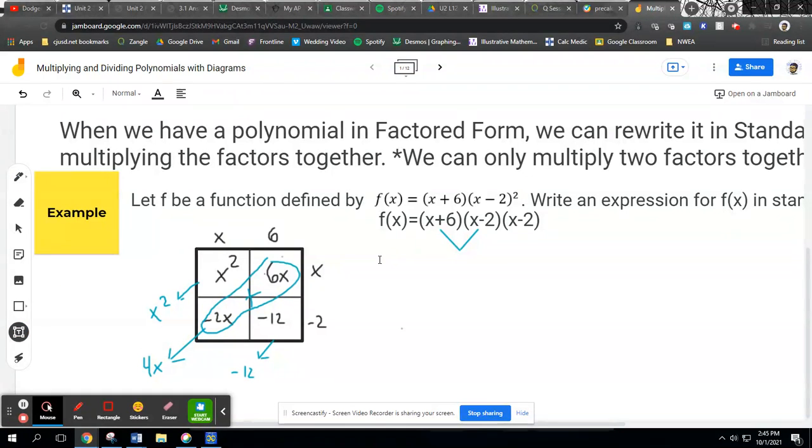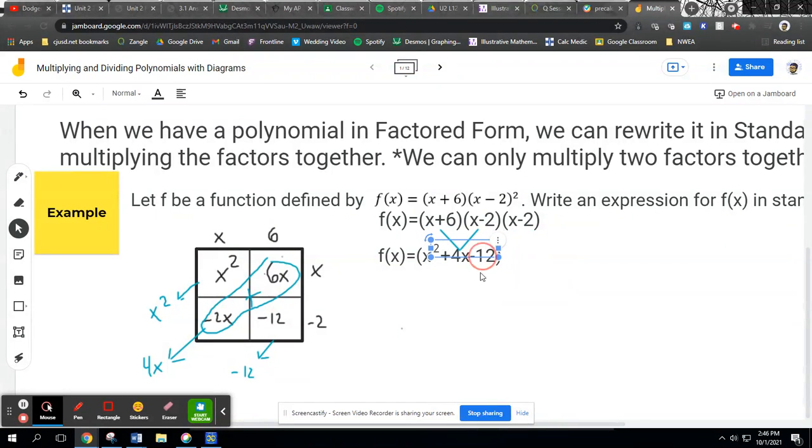So that means that this next factor, f of x, will be equal to x squared plus 4x minus 12. If you don't want to use this symbol right here, you can leave a little space and you can handwrite the exponent, or you can type it in and just shrink it.